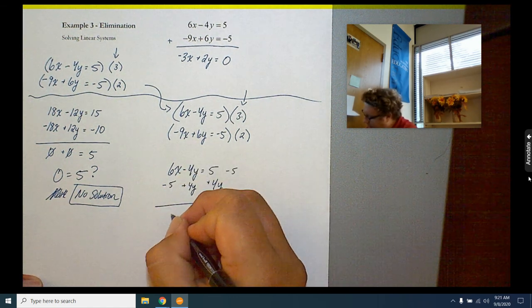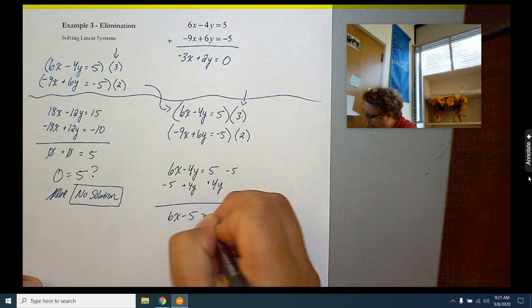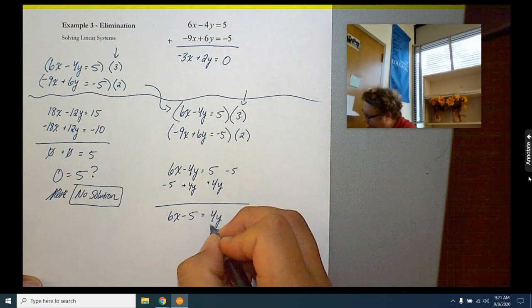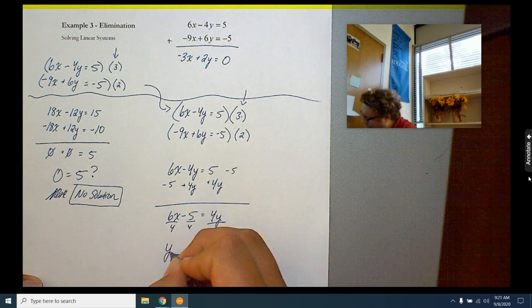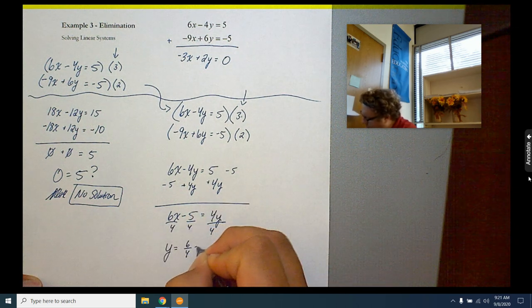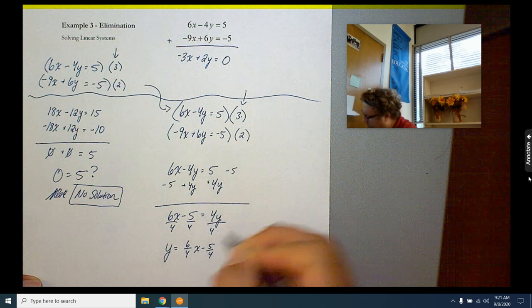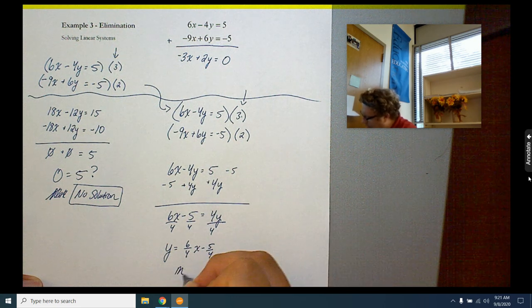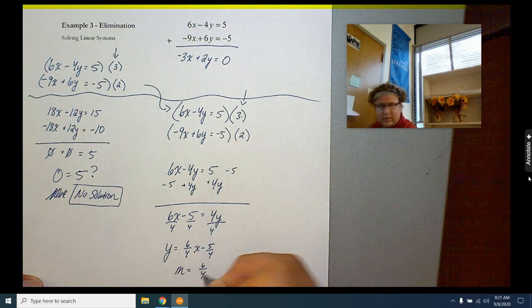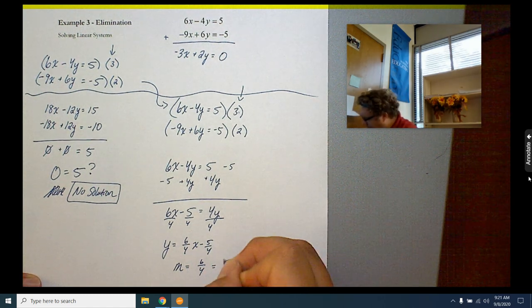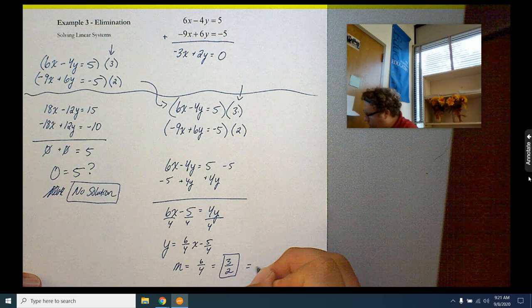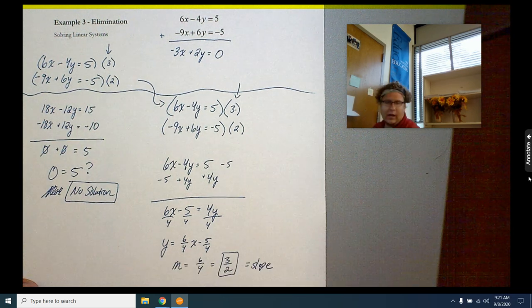I get 6x minus 5 equals 4y. And then I'll divide by 4. We get y equals 6/4 x minus 5/4. And that means that the slope is 6/4 or 3/2.